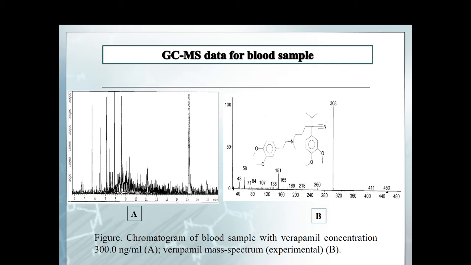It is optional. The analysis procedure of verapamil in blood samples included two stages: GCMS screening in scan mode and subsequent quantitation by methods with a lower level of selectivity, TLC with video densitometry or UV spectrophotometry.